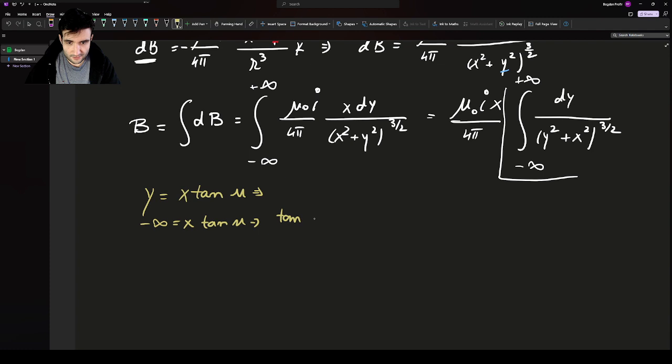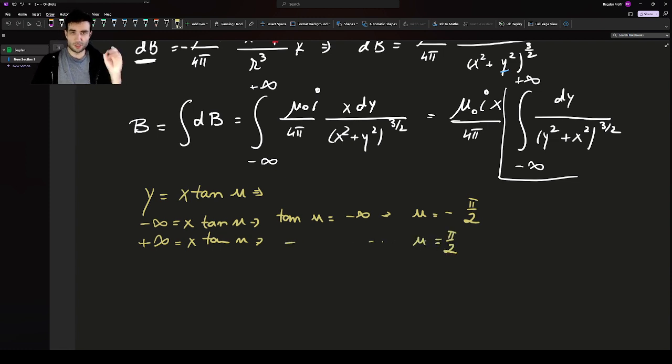So if I rearrange, tan u is also minus infinity, which means that u would be minus pi over 2. And then for plus infinity, we have a similar approach where u is pi over 2. So if we do this substitution, we have to change the integration limits from plus minus infinity to plus minus pi over 2. So that's the first thing.